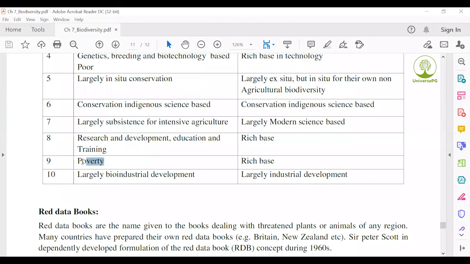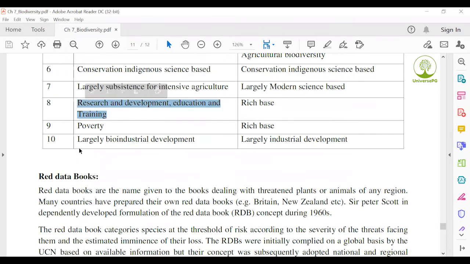The biodiversity level of developing countries is poverty and risk based. Research and development, education, training are risk based. Largely bio-industrial development, largely industrial development.